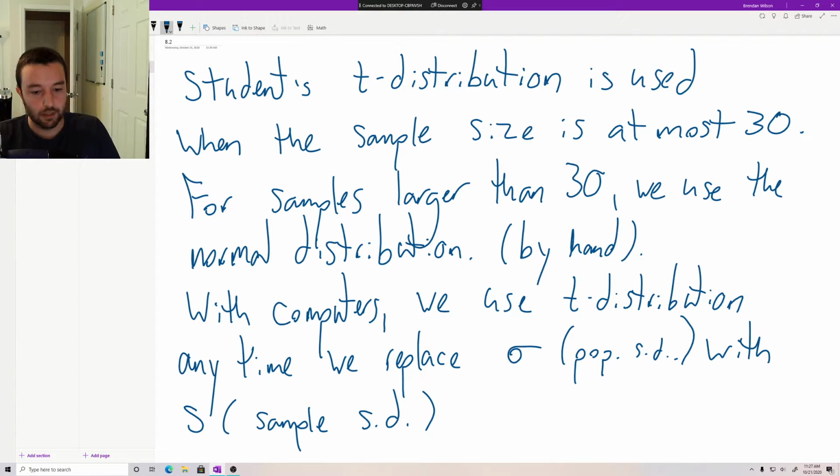So anytime we replace sigma with s, we use the t distribution. Nowadays it doesn't really matter what the sample size is.